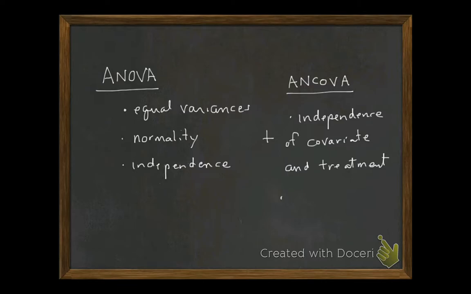And the second thing is a little more complicated. We need what's called homogeneity of regression slopes. Okay, now what do I mean by that? The first thing, let's talk about this one first: independence of covariate and treatment.